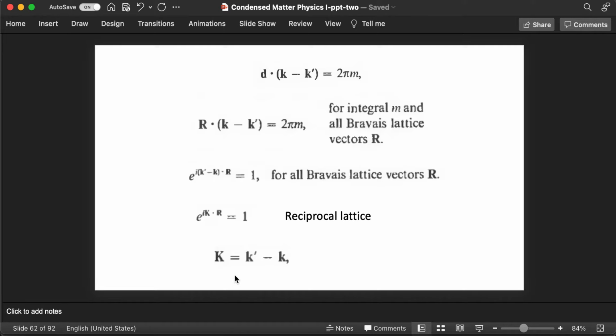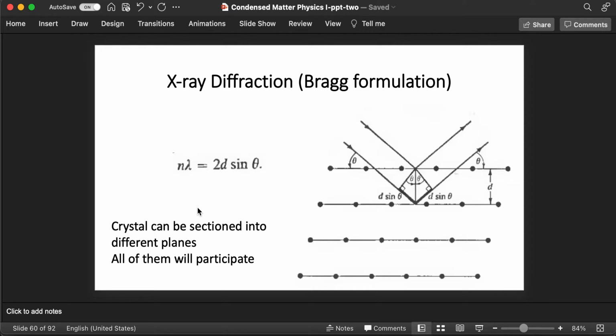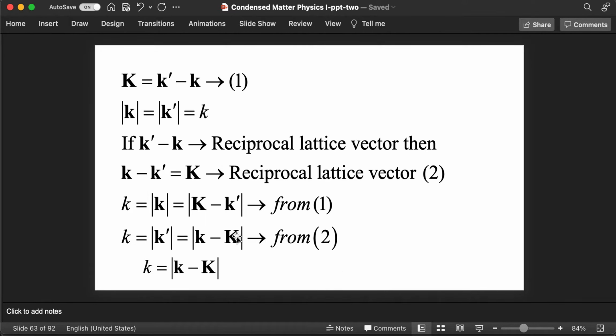So the difference between the scattered and incident wave vectors should be equal to a reciprocal lattice vector for constructive interference. Now, obviously, you should be able to show that this condition for constructive interference is the same as Bragg's law, and that's quite simply done.